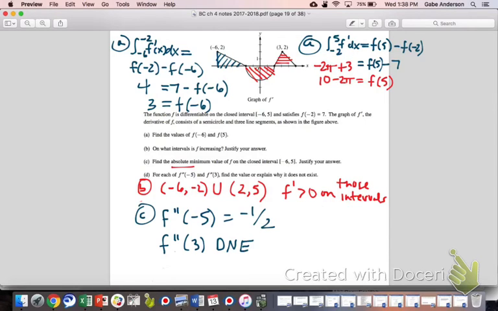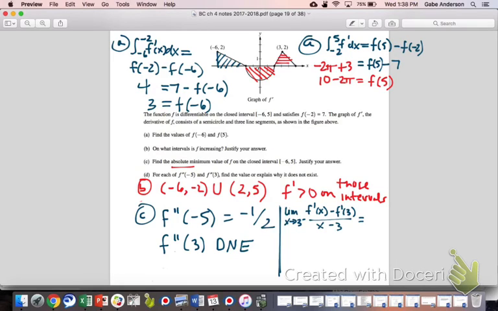Can I show you a good justification? Okay, I would say something like this. I'll try to squeeze the justification in over here. It would be the limit as x approaches 3 from the left of f prime of x minus f prime of 3 over x minus 3 equals, so I'm basically expressing the derivative from the left of 3.